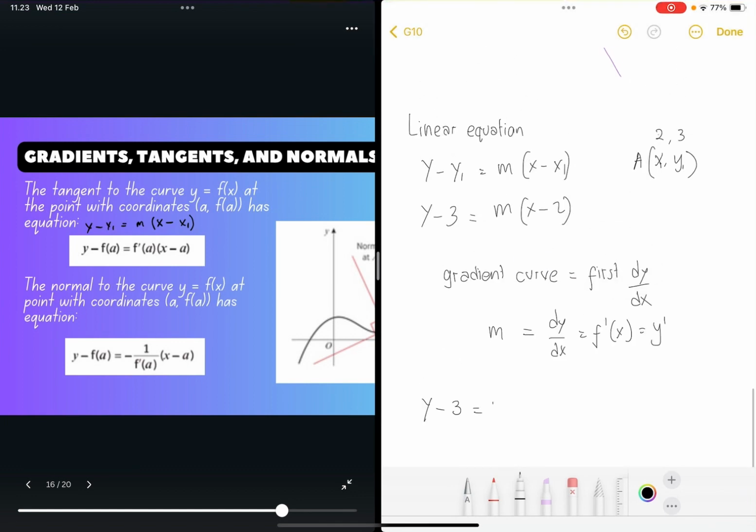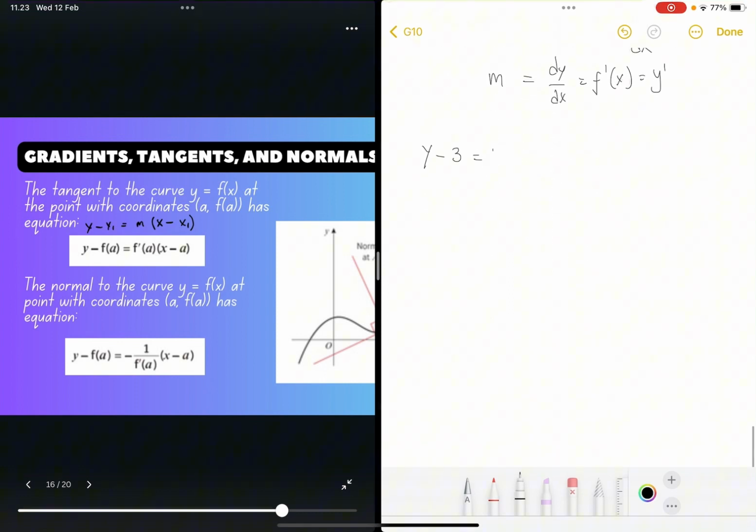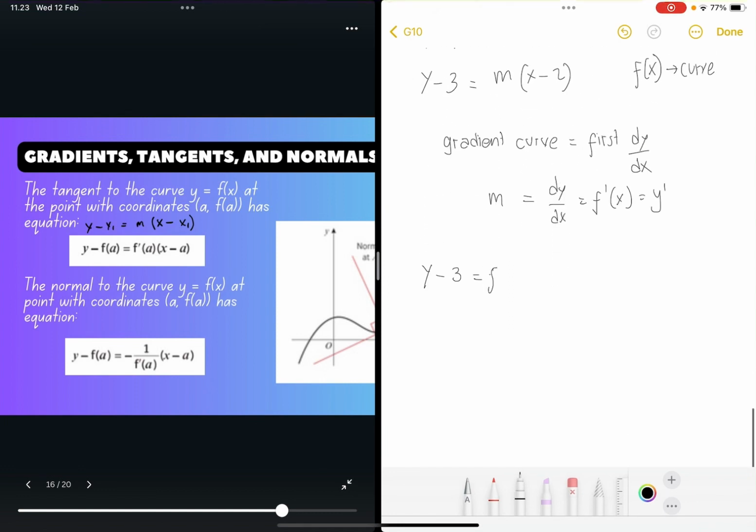So if we have f(x), which is a curve, we just need to find the first derivative of this f(x). So for the m right here, we just need to find f'(x), and x minus 2.